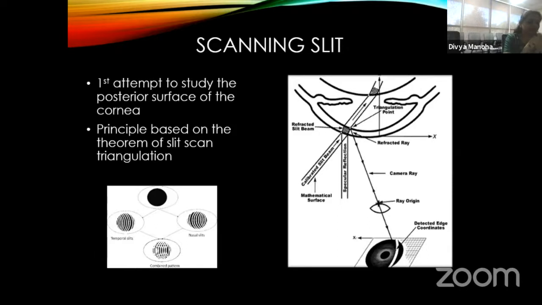The scanning slit is basically a projective technique that measures the triangulation between the reference slit and the reflected beam, which is captured by a camera.